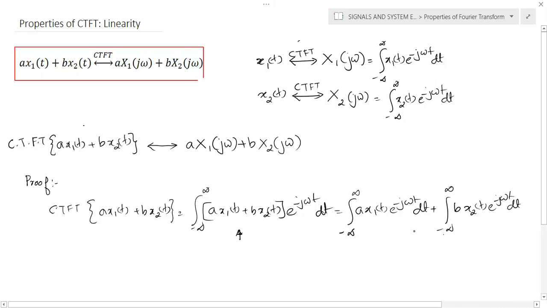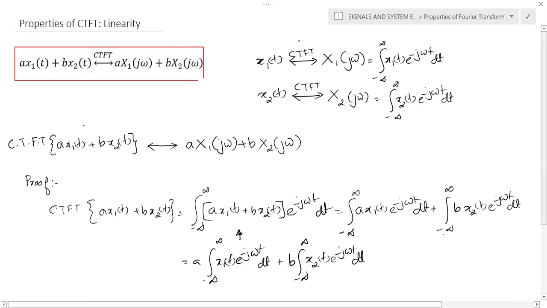We know that a and b are constants, so if you take a outside, it's simply integral minus infinity to infinity x1 of t into e raised to minus j omega t dt. In the second expression, you can take b outside because b is a constant, and the remaining is x2 of t into e raised to minus j omega t dt.